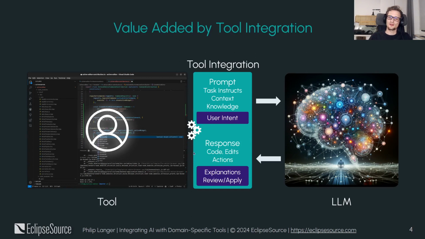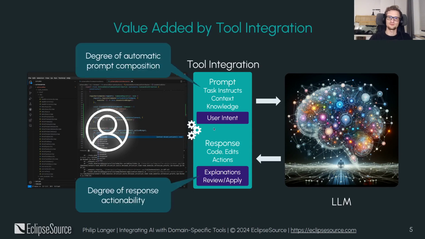When it then returns the result, they will basically go the extra mile to make it as easy as possible to apply the suggestions for code changes or edits in your tool automatically, or even apply certain actions like creating files and stuff like that. So that's really where these tools provide extra value.